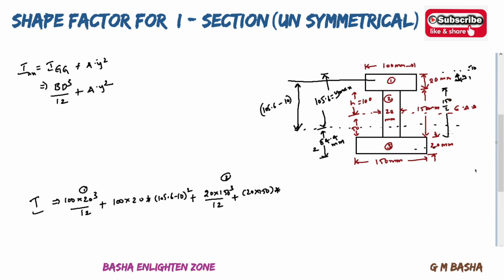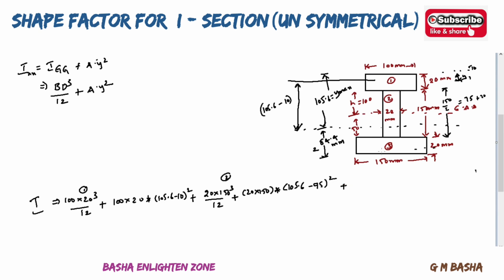So in the 105.6 minus 75, which you will get from this maximum distance, that is 105.6 minus 75 whole square. Sorry, this is 75 only from the web part height, and again you can include the top part also, that is plus 20 which is 95. So you are taking directly 95, the center distance of the web to the top, subtracted from the maximum distance: 105.6 minus 95.